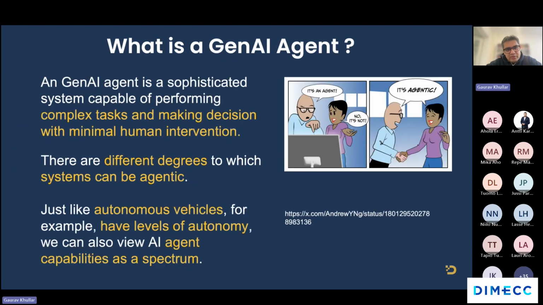Then let's go into some of the foundational elements. So what is a generative AI agent? We looked into what an AI agent is. Now, what is a generative AI agent? A generative AI agent is a sophisticated system, first of all, which is capable of performing complex tasks and making decisions with minimal human intervention.